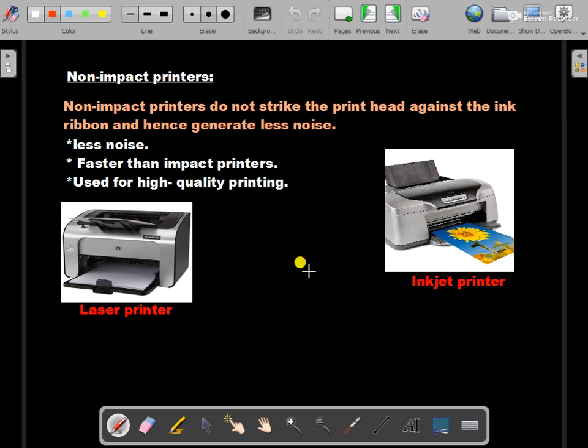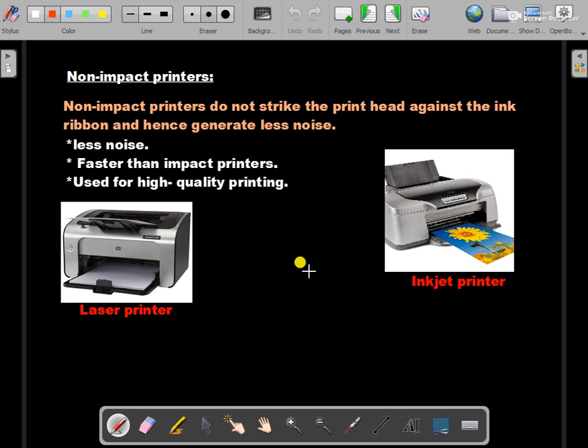Non-impact printers. Non-impact printers do not strike the print head against the ink ribbon and hence generate less noise. I can say it another way: non-impact printers don't use any direct contact between ink ribbon and paper.